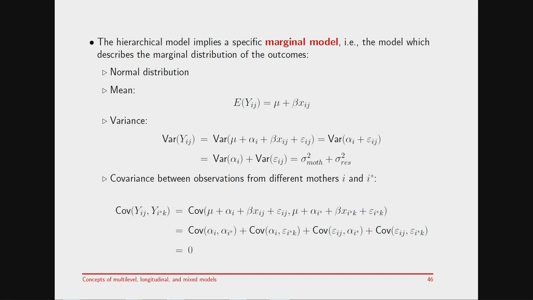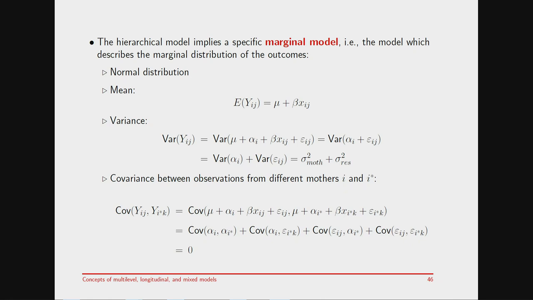A covariance of a sum is the sum of the covariances. Then we have the covariance between two of these alphas, but of course two different animals with two different mothers are independent. So that first term would be 0. The alpha and the epsilon are independent. That's an assumption we've made. The same here, epsilon and alpha are independent.